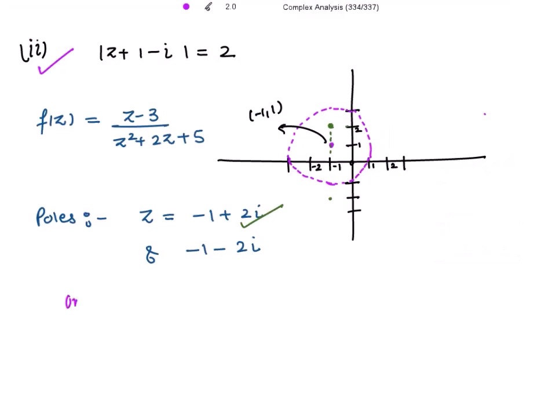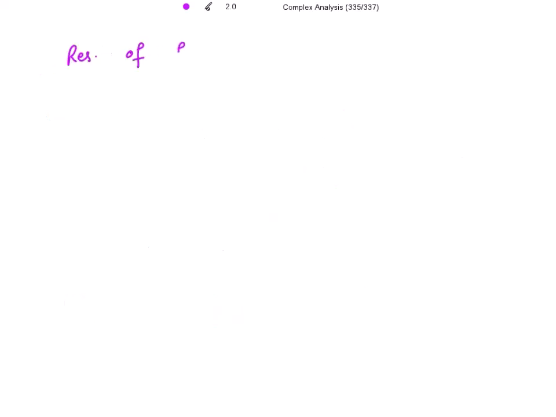So writing here, only the pole z equal to minus 1 plus 2 iota lies inside the circle. So now finding the residue at this point. So the residue of f(z) at z equal to minus 1 plus 2 iota. Let me consider this as alpha.